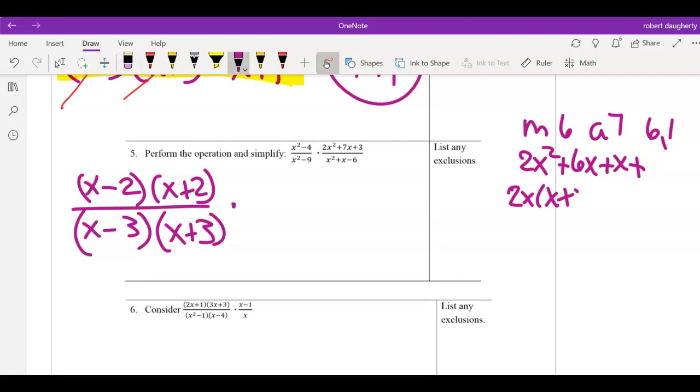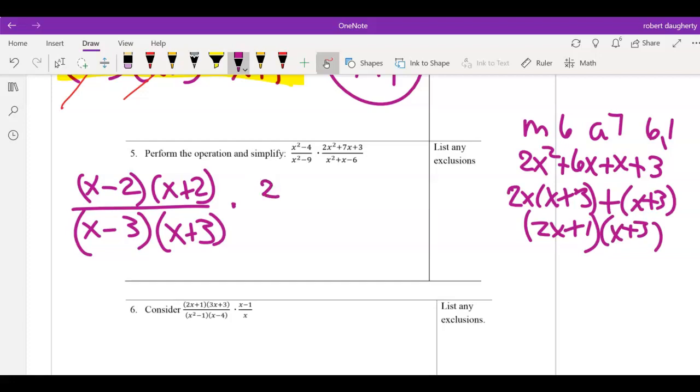This last number here is a 3. So factor out a 2x and you're left with x plus 3 plus x plus 3. So this is just 2x plus 1 times x plus 3.